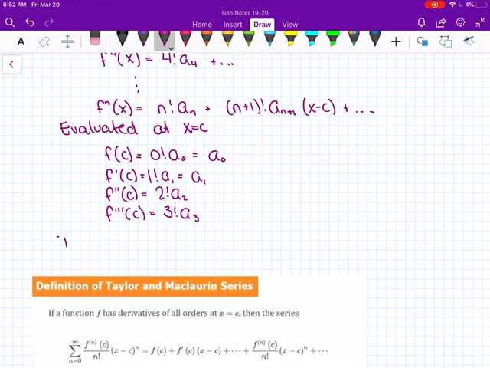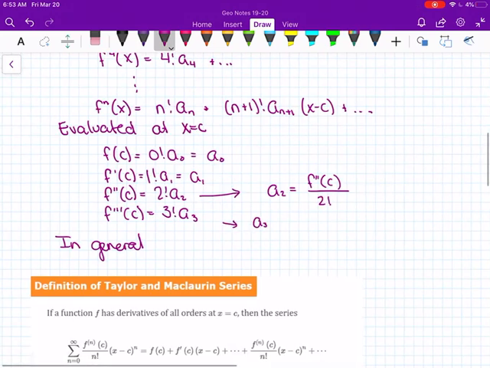So in general, we found that if you want to solve for the a sub n, I can divide both sides by 2 factorial. I found that the second coefficient is f double prime of c divided by 2 factorial, and the third coefficient is the third derivative of f at c divided by 3 factorial.